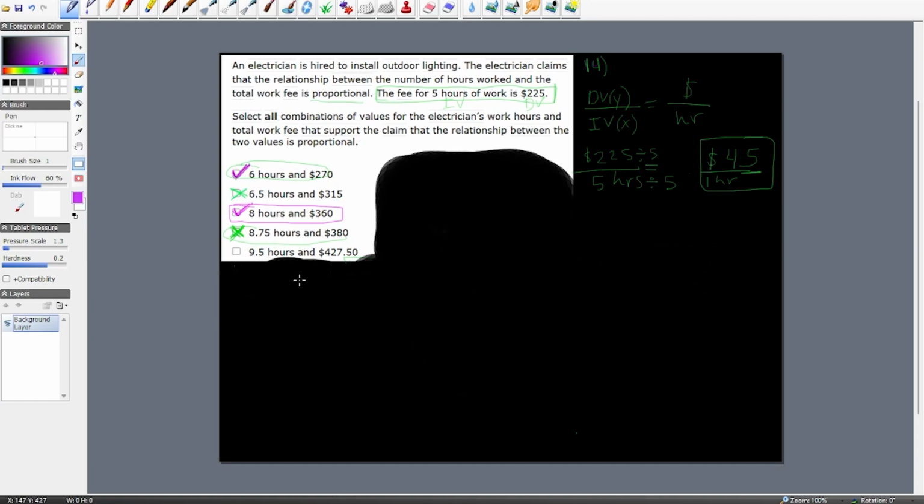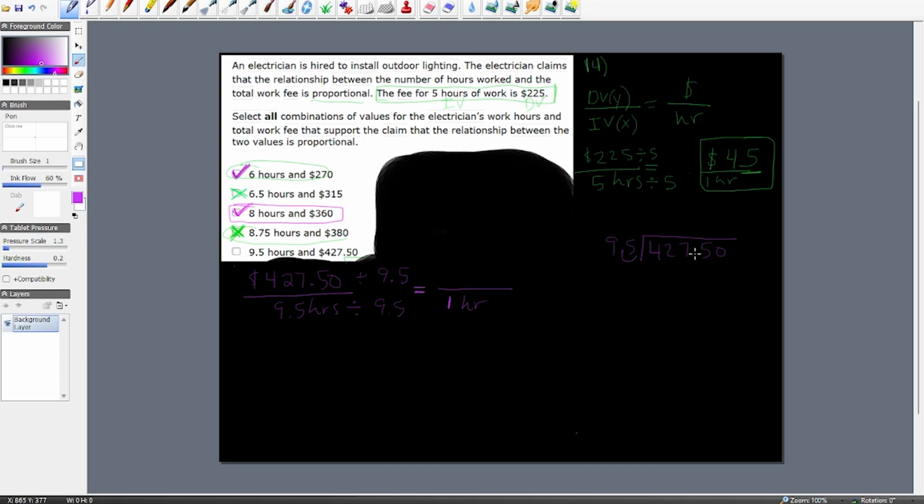Right, on to our last pair. $427.50 for 9.5 hours of work. Let's find that unit rate in dollars per hour. 427.5 divided by 9.5.